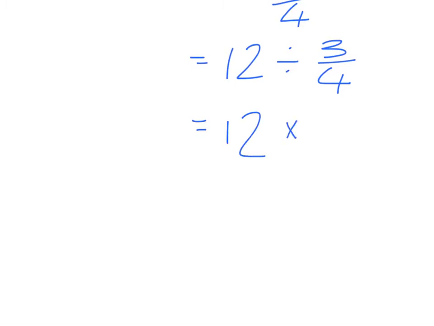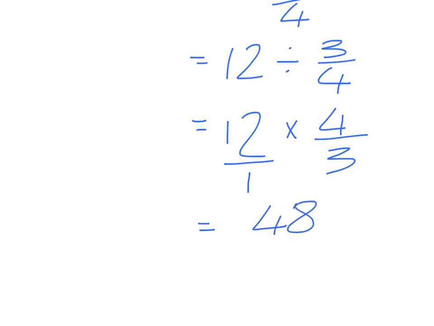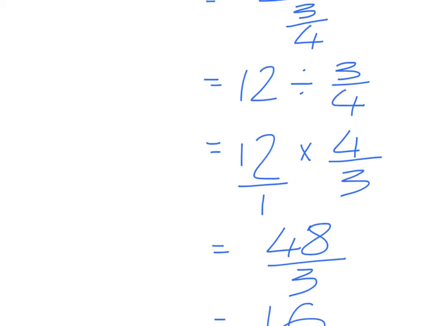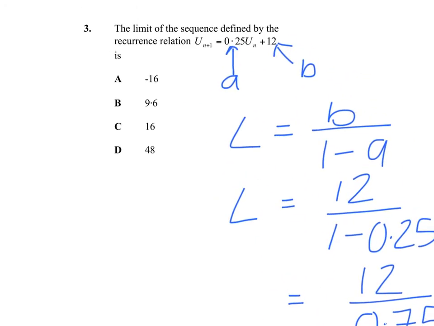So 12 multiplied by 4 over 3. So that's the same as 12 over 1 times 4 over 3. On the top, 12 times 4 is 48, and on the bottom, 1 times 3 is 3. We then have 48 divided by 3, and 48 divided by 3 is 16. So our limit is 16, which corresponds with answer C.